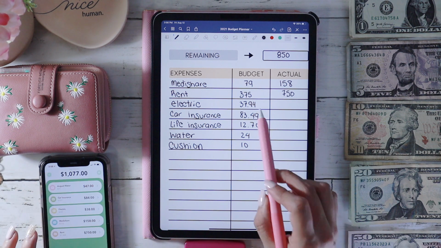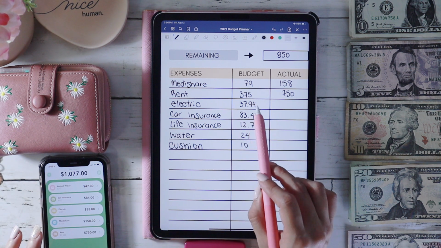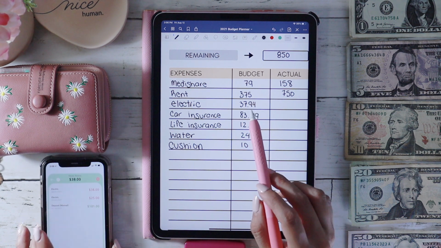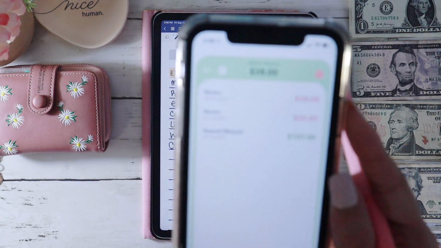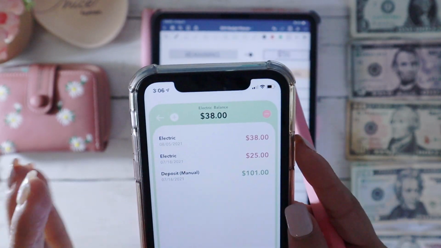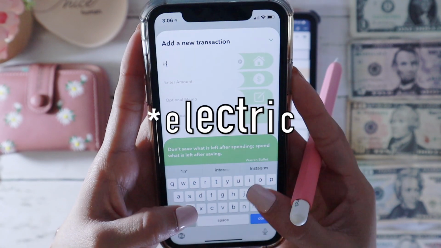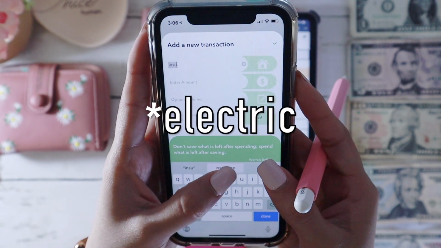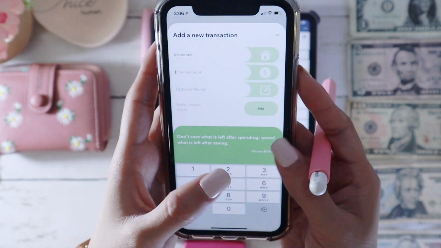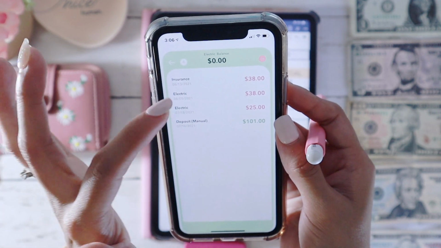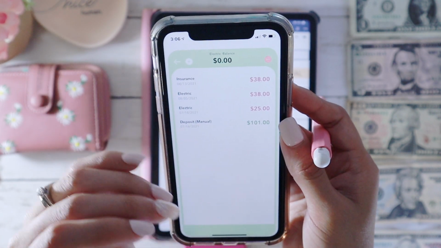Our electric bill, the remaining amount is actually $37.94. I know right here it says 38 as the remaining, but it's actually a little bit less. So I'm just gonna put the 38 since this doesn't accept cents.